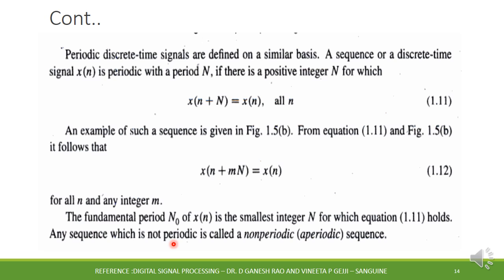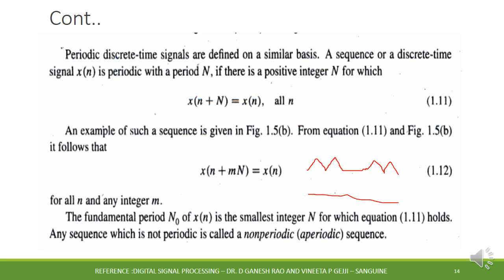If after the 3 you are getting 0, then it is not called periodic; it is called a non-periodic signal. It should be continuous. Just now we have seen that it should be continuous like this. If there is a gap like this, then it is called a non-periodic signal.